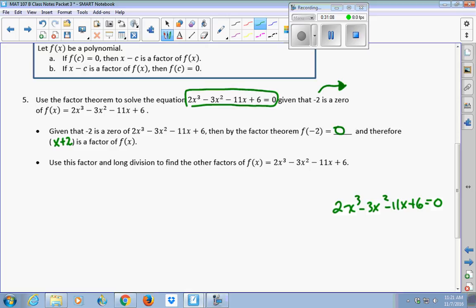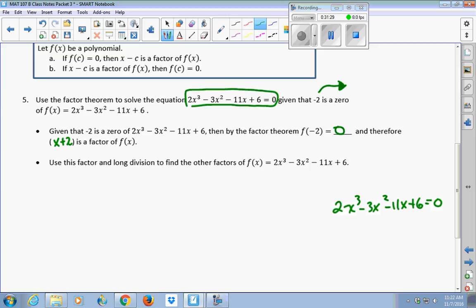All you know is if you put -2 in for x, the left side would be 0 and the right side would be 0. So how am I going to find my other factors? Well, you could graph it and hope that your other factors are nice numbers that you could read right off the graph. Or you could use the factor theorem and long division.